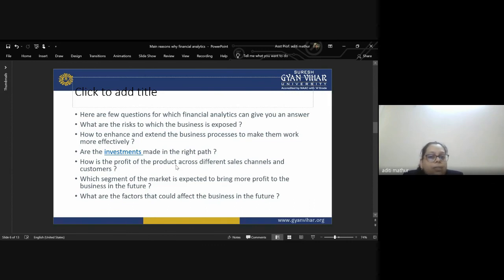Then are the investments made in the right path, यानी वो आपका एनालिसिस करेगा रिटर्न्स का. Then how is the profit of the product across the different sales channels and customers. अगर मैं 1-to-1 सेलिंग स्ट्रेटजी लेता हूँ, या मैं डायरेक्ट कस्टमर सेलिंग लेता हूँ, या मैं इंटरमीडिएटरी के थ्रू सेलिंग करता हूँ, तीनों में मेरा प्रॉफिट मार्जिन क्या है, वो सारा एनालिसिस करना.